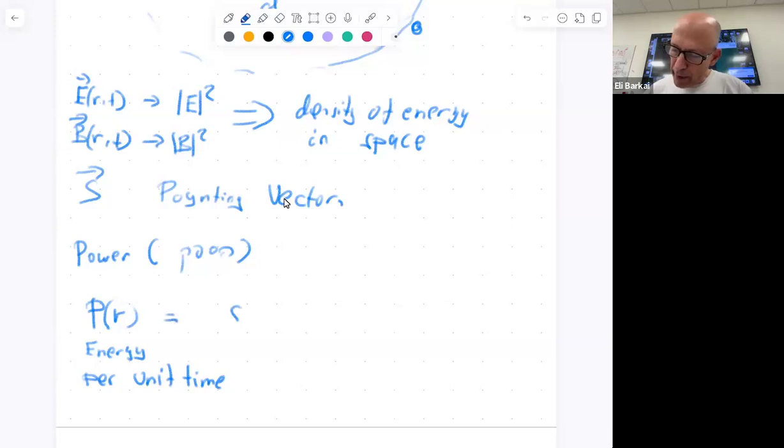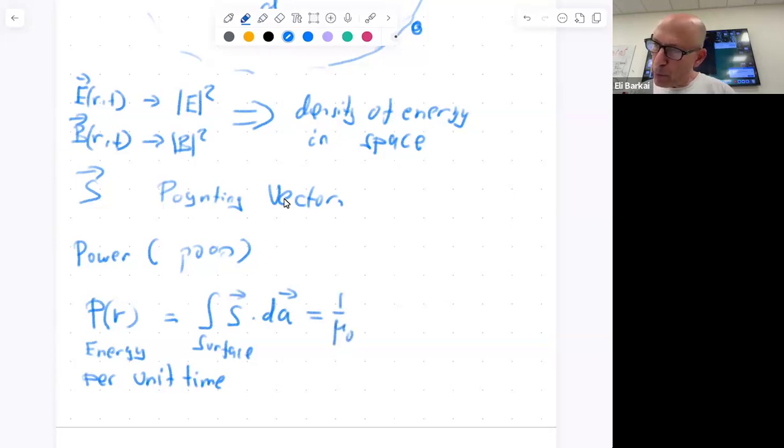So S dA integrated over the surface of our sphere. What is this equal to? These are, of course, vectors. By definition, this is the Poynting vector, integrated over the surface of the sphere, E cross B over mu zero. This is the object that we proved previously gives you the flux of energy coming out.